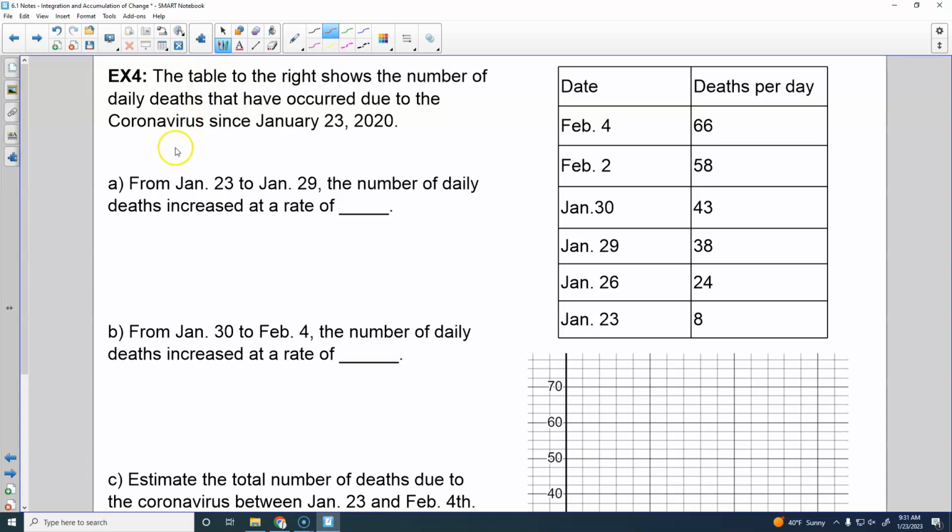Okay. So, from January 23rd to January 29th, the number of daily deaths increased at a rate of.